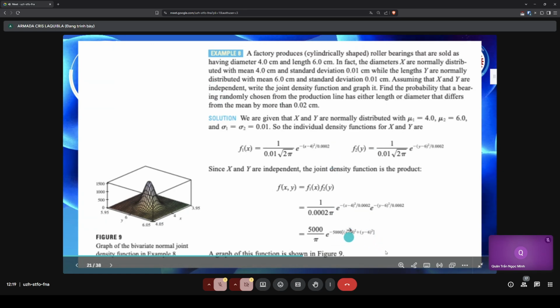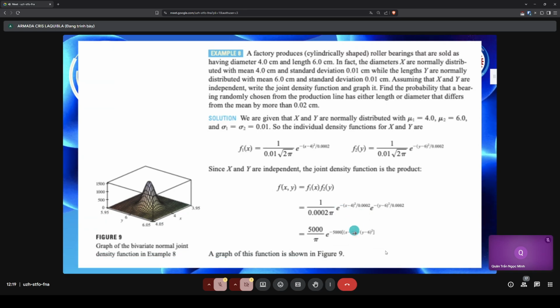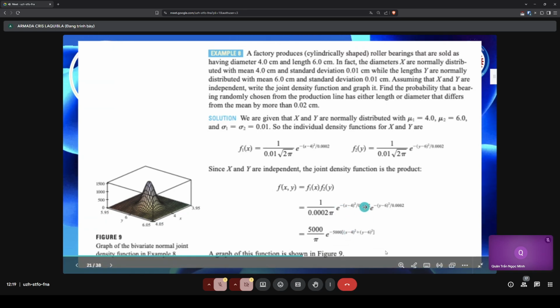Now, since that is only positive 5,000, and now we write outside the negative 5,000, this becomes now positive. It should be (x minus 4) squared. So it's positive now outside the parentheses. And here this is negative also, negative of (y minus 6) squared.